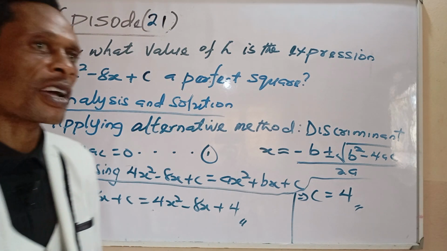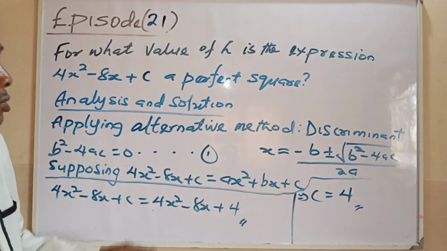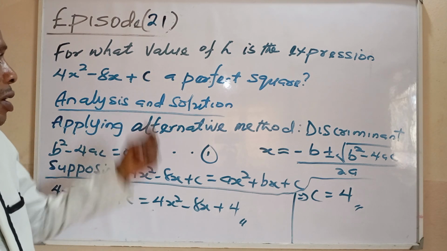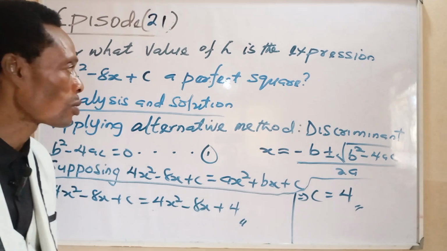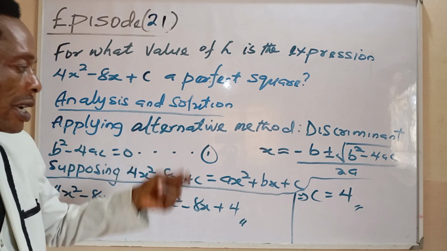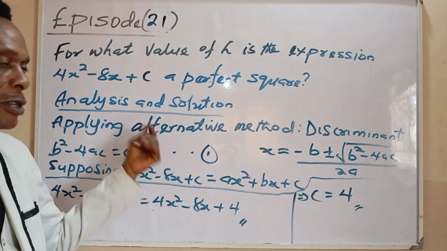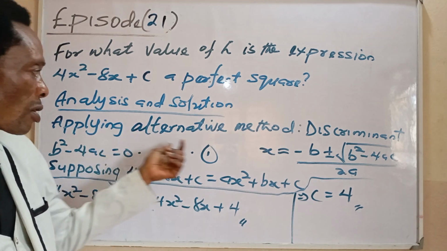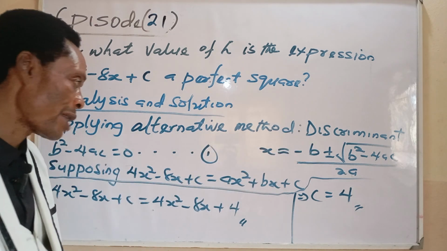So viewers all over the world, this is how to solve a question like this, whereby you are required to look for a value that must be added to an expression to make it a perfect square. I have used the first one, which I call the maximum and minimum value method, and I also have used the alternative method I call the discriminant method.